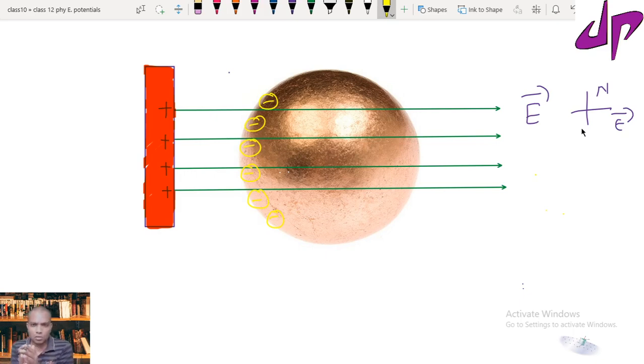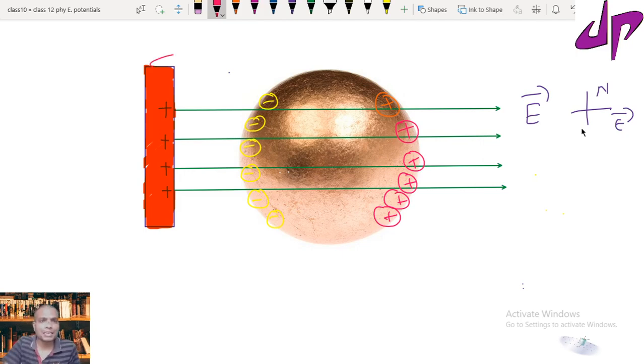So if the electrons move to one side, obviously there is a deficiency of electrons, or we can take that as a positive side. So this side, positive charge appears to accumulate, because the electrons came towards the external positive charge.